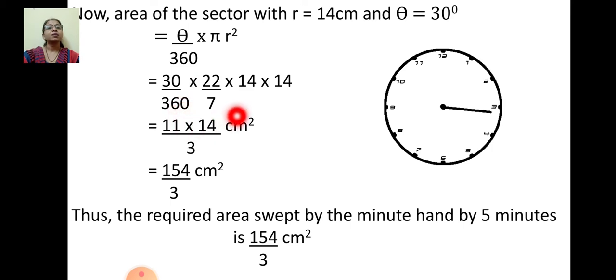So substitute the values, simplify, you will get answer as 154 divided by 3 centimeter square. As this is not completely divisible, we'll keep it in this form only, or else you can express it in decimal form up to 2 digits. So thus the required area swept by the minute hand in 5 minutes is 154 divided by 3 centimeter square. Right.